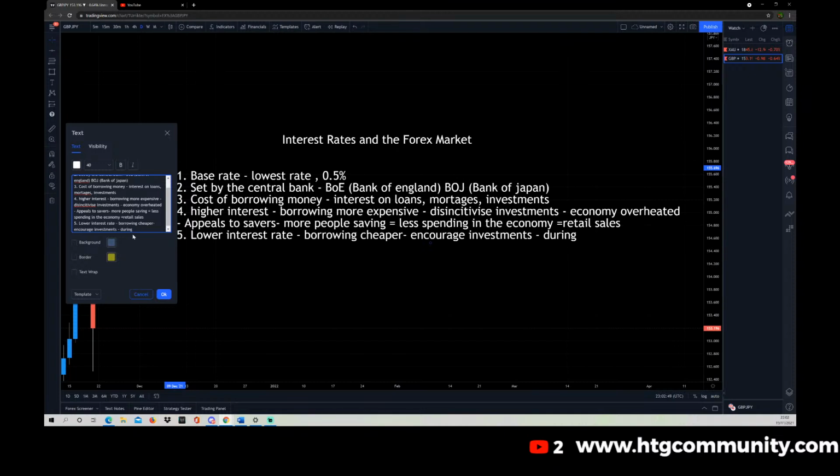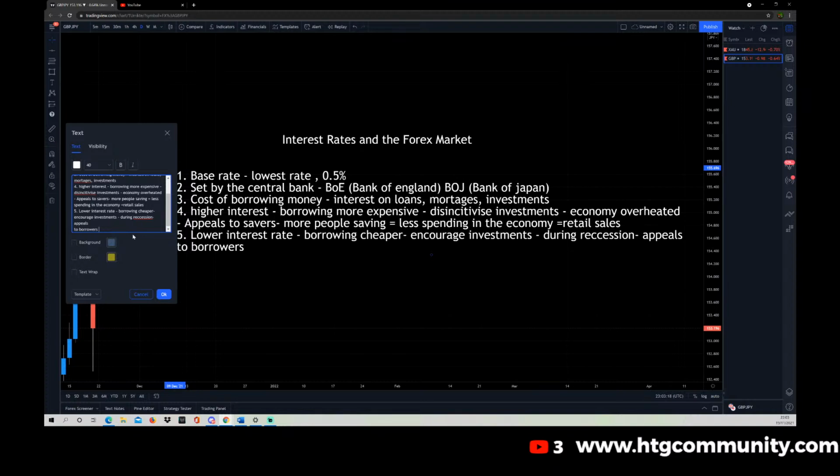But let's say then, encourages investments, and during recession time, this is when you would typically see lower interest, and obviously that appeals to borrowers. Okay, because now their loans, their mortgages, etc. are now cheaper, right?